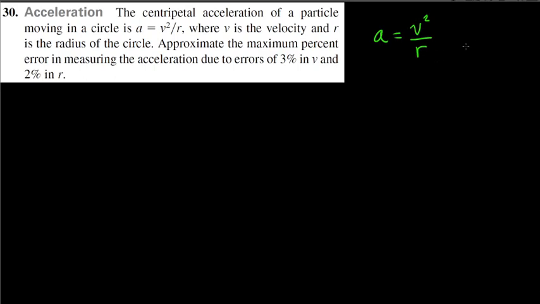So something moving in a circle at a certain speed with a certain radius, then you can calculate its centripetal acceleration. Approximate the maximum percent error in measuring the acceleration due to errors of 3% in the velocity and 2% in the radius.